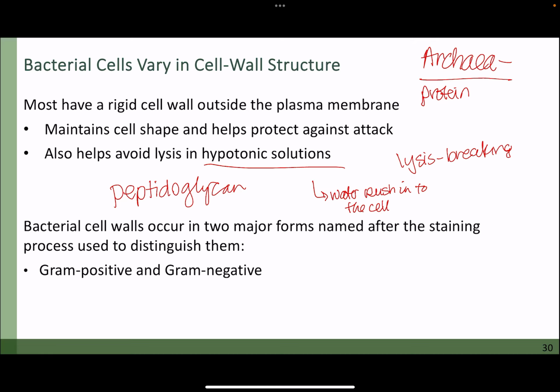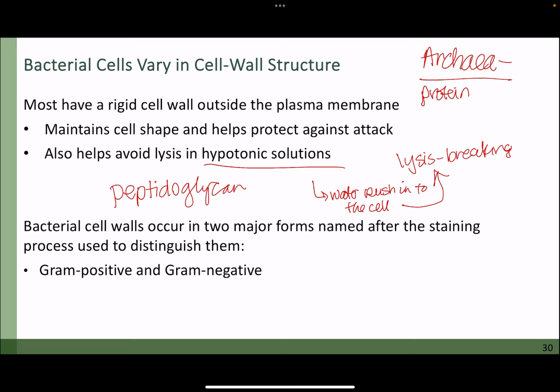But what happens here is if there's a particular gradient in concentration of solutes inside and out, water can actually rush in. Now, without a cell wall, that cell is going to lyse and break. And so the cell wall kind of pushes back so that the cell membrane cannot break if water rushes in.